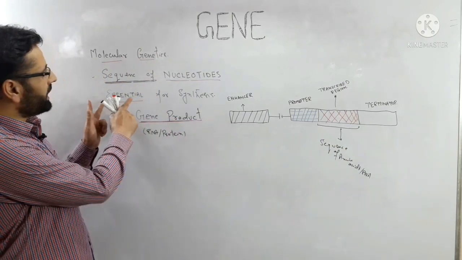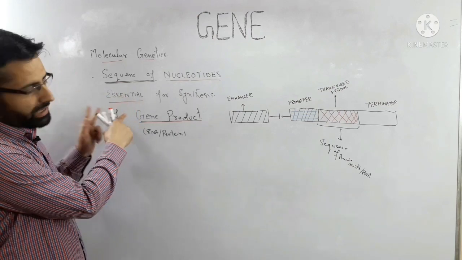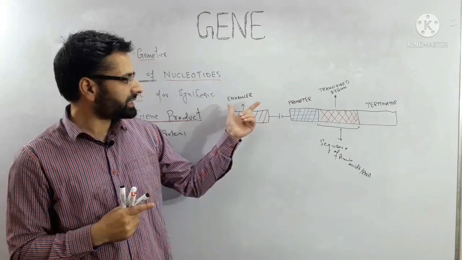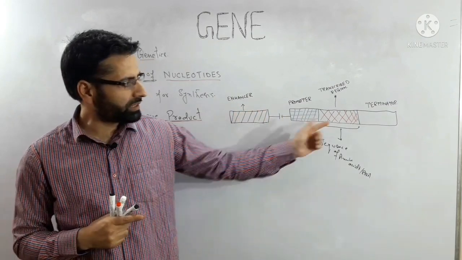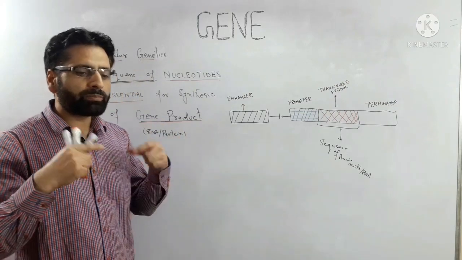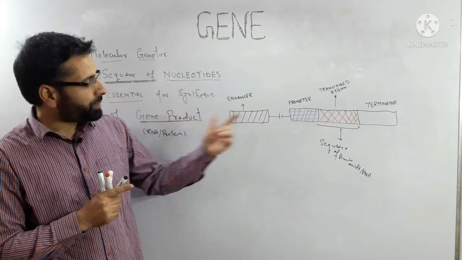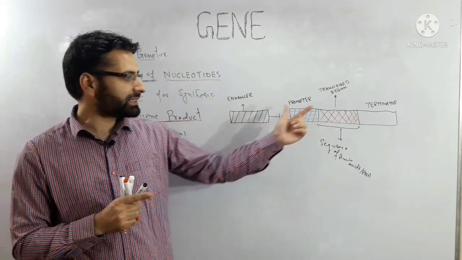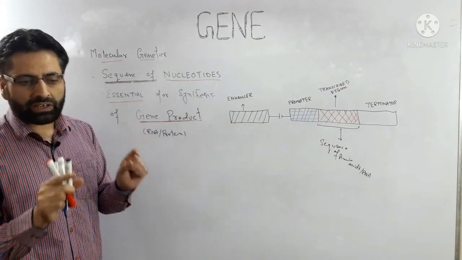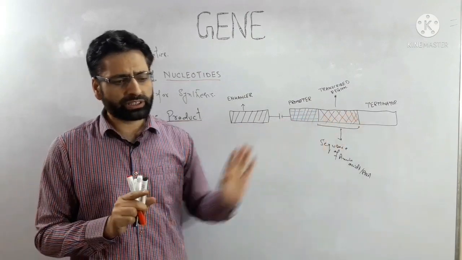Here I am telling you that the sequences which are non-coding are still essential. That is, the sequences present in the enhancer region, promoter region, and terminator region. Although these sequences are not by themselves getting translated into the protein or RNA, the presence of these sequences is essential for the activity of the gene. That is, a gene cannot function without having these non-coding sequences.